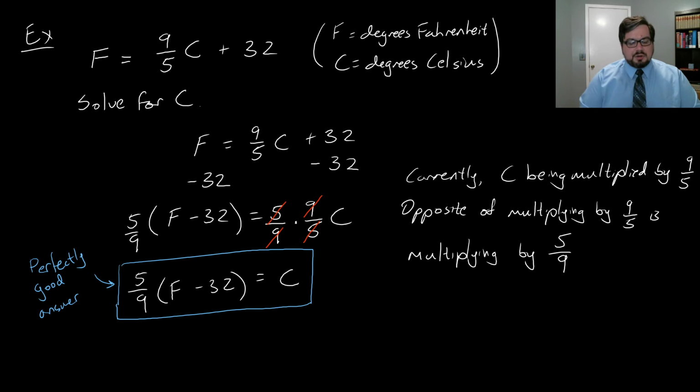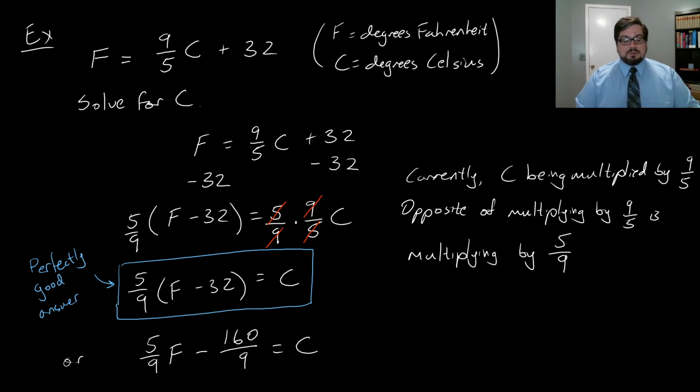But you could also, if you wanted, distribute the 5/9 through and get 5/9 F minus 160 over 9 equals C. This is also an acceptable answer, but I claim that it's not quite as pretty as the first one that we got, the one in the blue box.